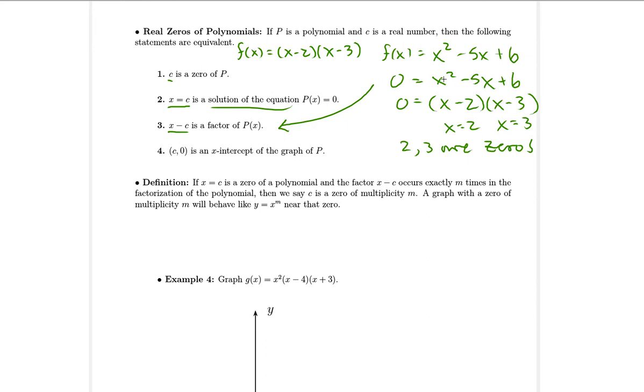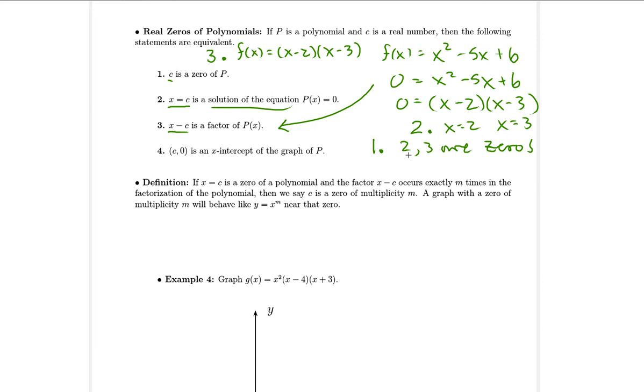Okay, so that's to put an example to what all these different statements are actually saying. So I'd say 1 is saying that, 2 is saying that, 3 is saying that, and then 4 is just what flows naturally from these. All right, so that's the first of the things we want to think about when we're thinking of zeros.